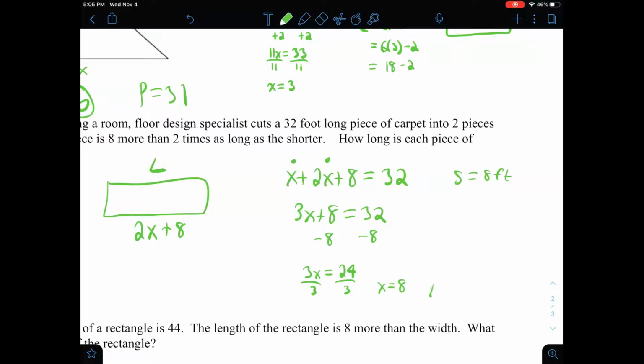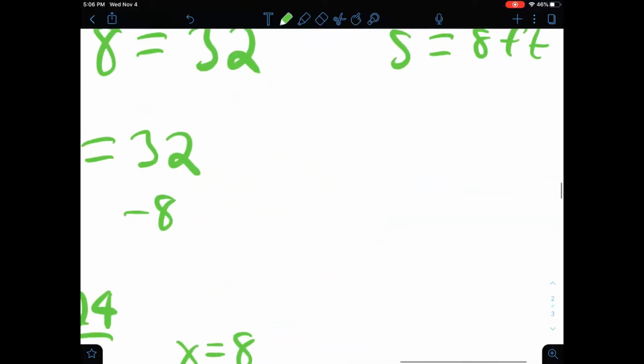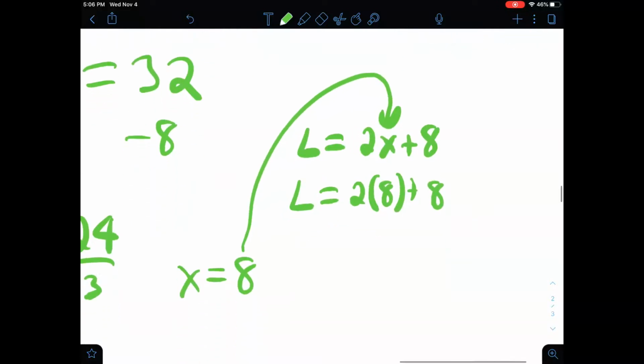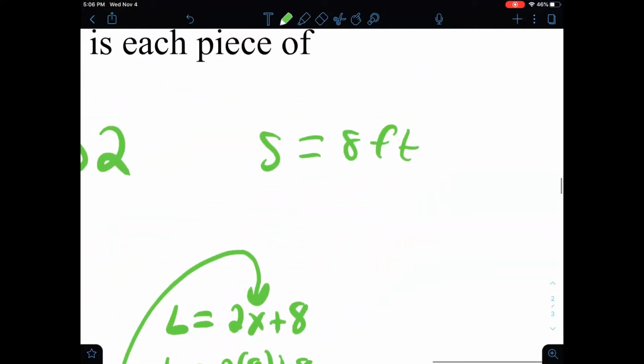Then we had the longer one equals 2x plus 8. Let me move that up a little bit, actually. The longer one equals 2x plus 8, but if x equals 8, we're plugging this in for x: 2 times 8 plus 8, which equals 16 plus 8, which is going to equal, what, 24?